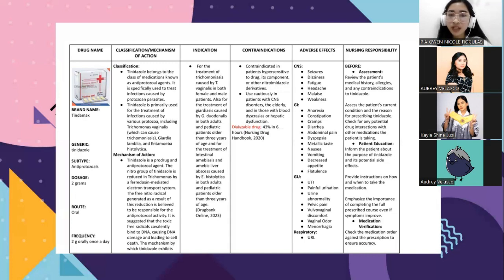Then vulvovaginal discomfort. Next is menorrhagia. So menorrhagia is a heavy or prolonged menstrual bleeding, especially in many women. So women have this type of abnormal uterine bleeding. It can be related to a number of conditions, including problems with the uterus, hormone problems, or other conditions. But sometimes natitrigger siya sa tinidazole drug.